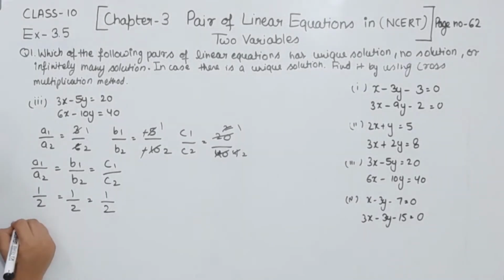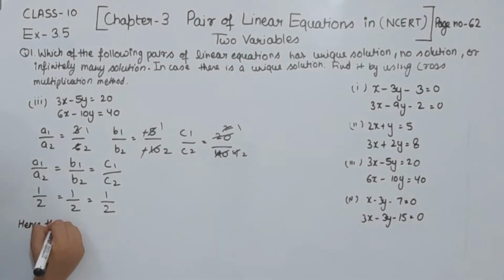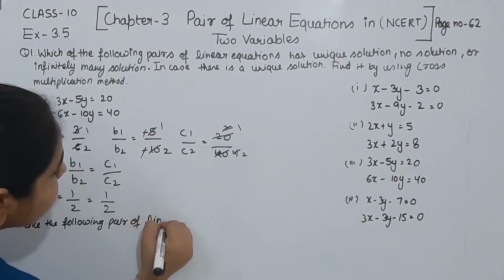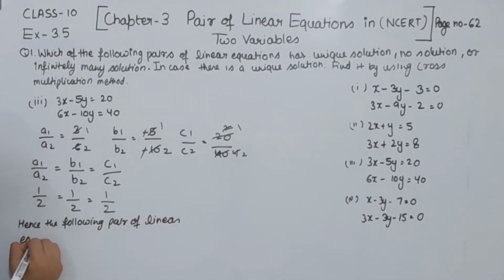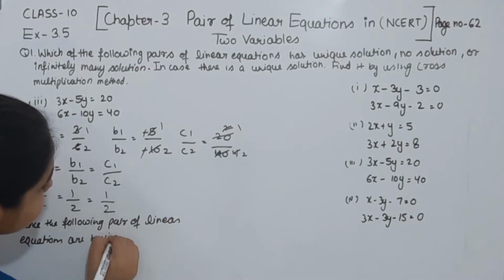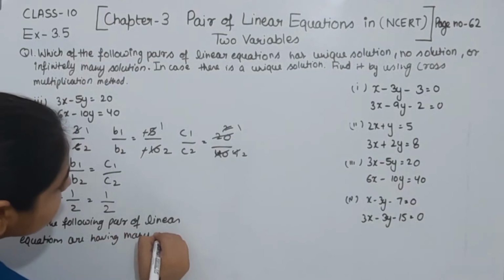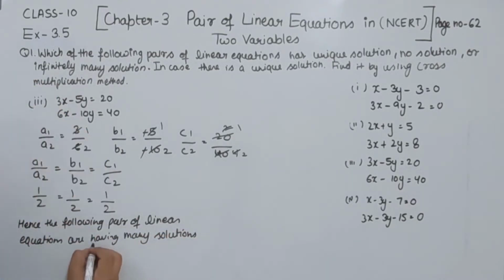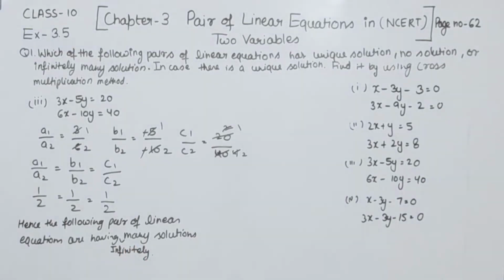So I'm going to write here, hence the following pair of linear equations are having many solutions. I have to write infinity many solutions. Infinity many solutions. This one is part 3.